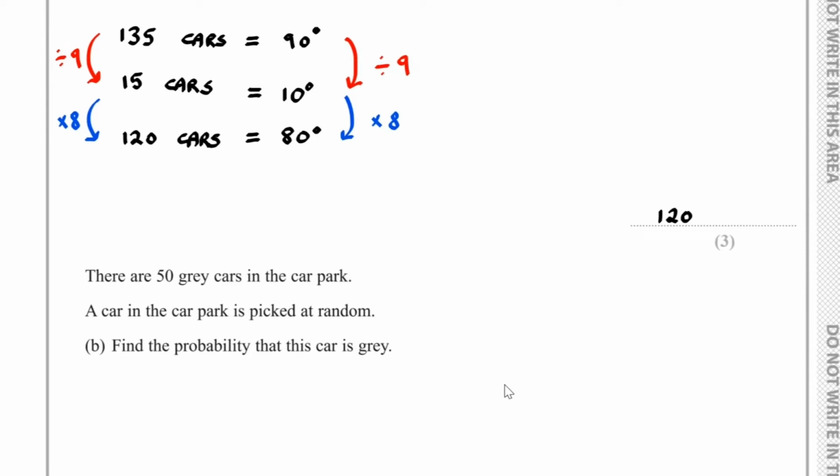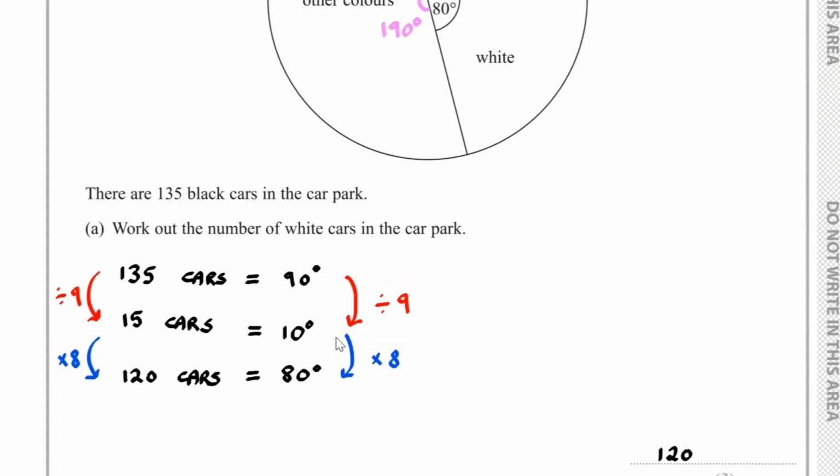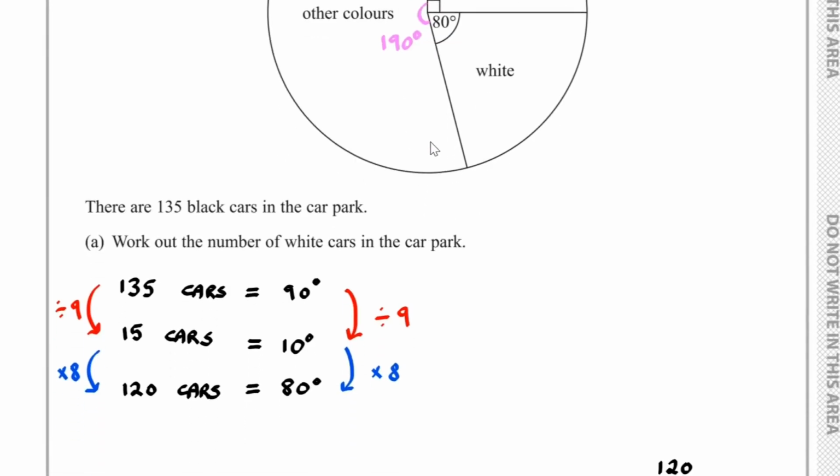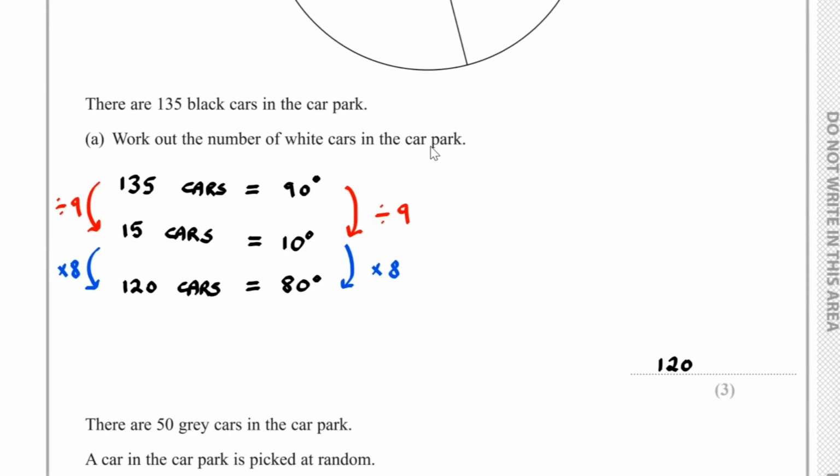So we have 120 white cars. Now, there are 50 grey cars in the car park. A car in the car park is picked at random. We have to find the probability that this car is grey. Well, what we need to do is find out the total number of cars. For me to find the total number of cars, I know that angles around a point sum to 360. So I can find out what 360 represents.